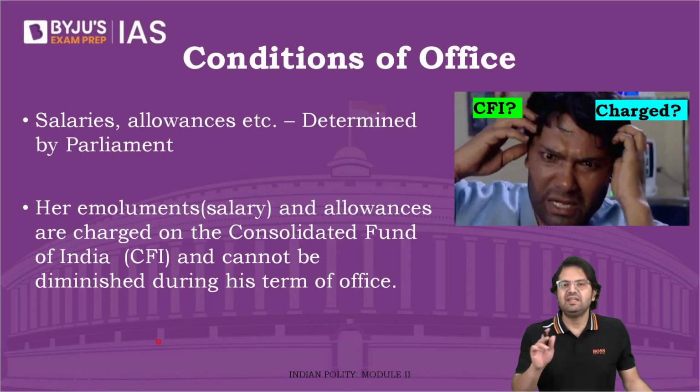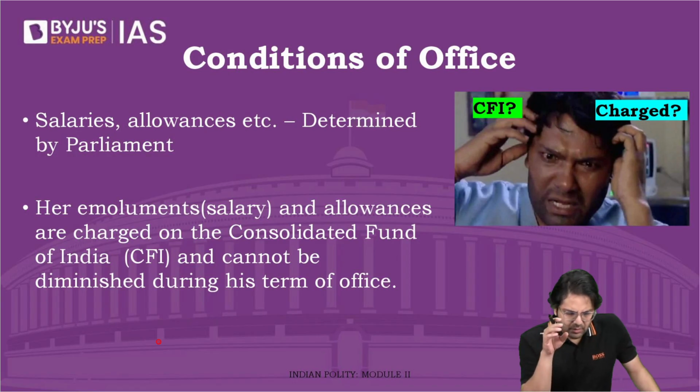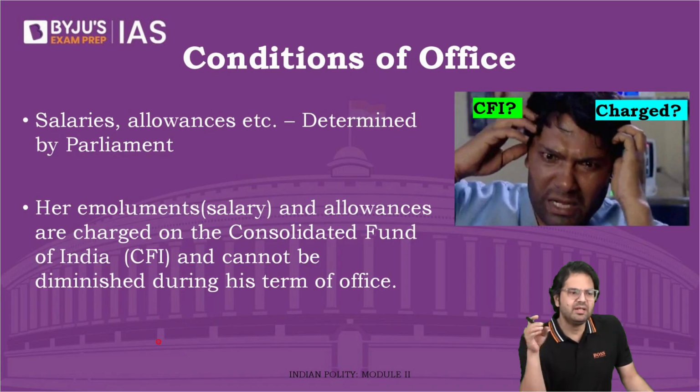So now what is this CFI? Just like you have your bank account, where all the money comes in. Your father sends you money, mother sends you money, friends send you money. You steal some money and put it there, whatever.